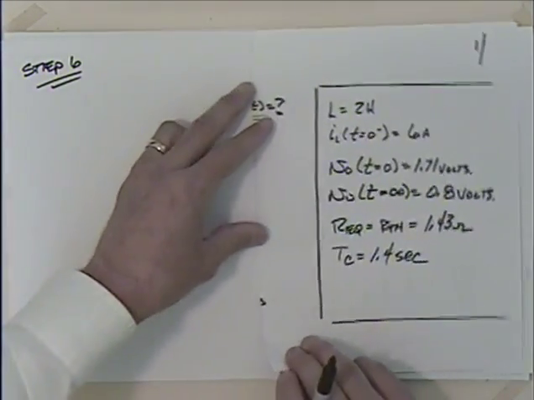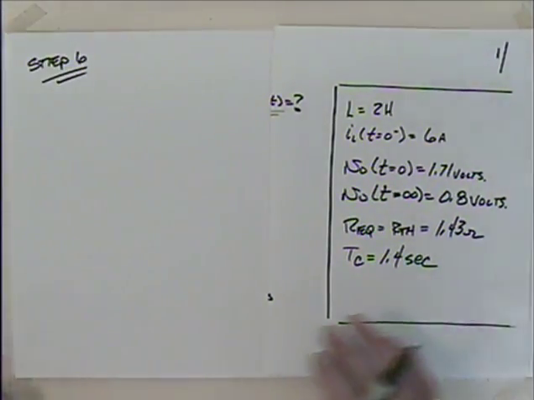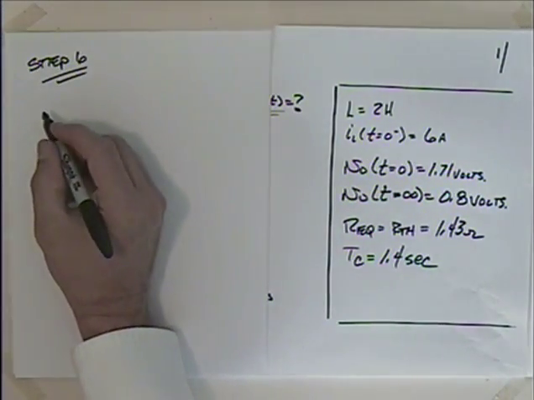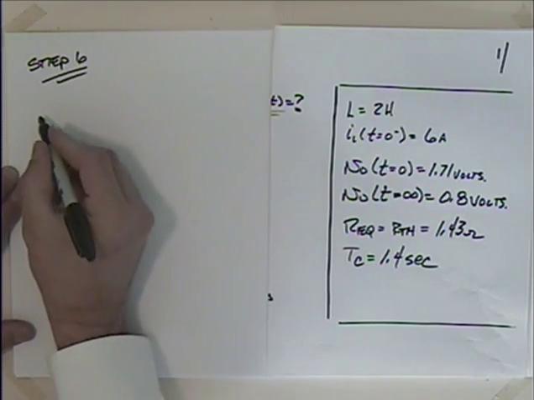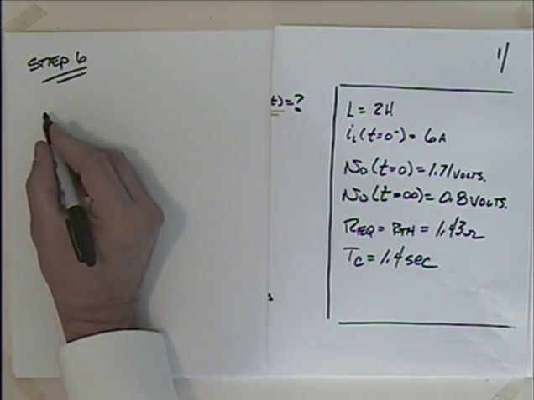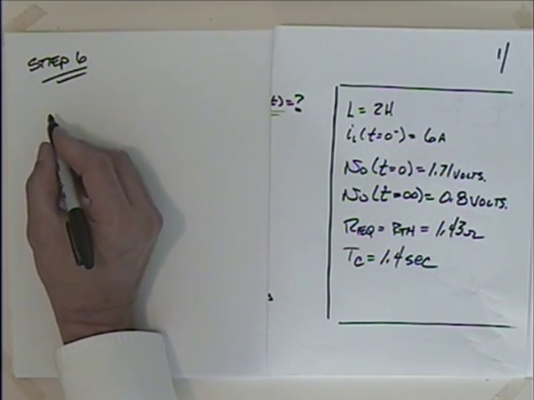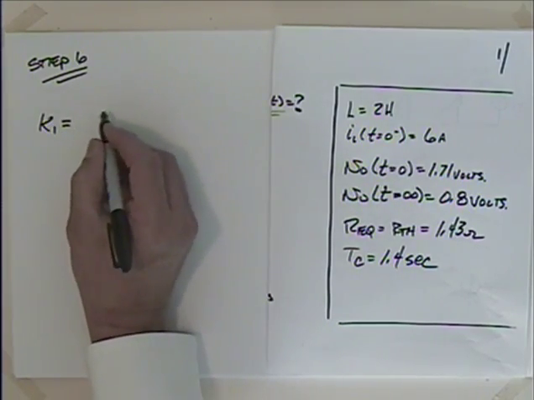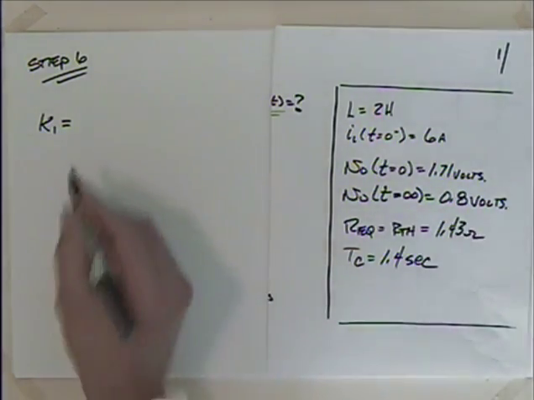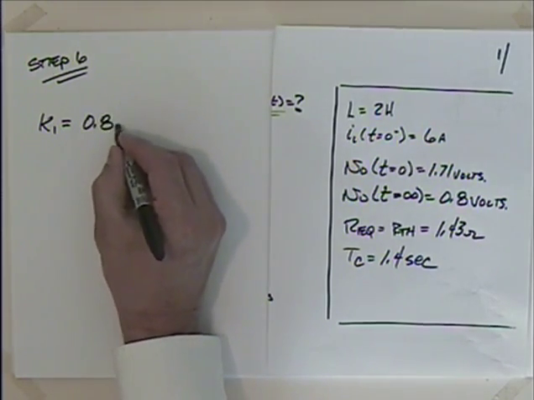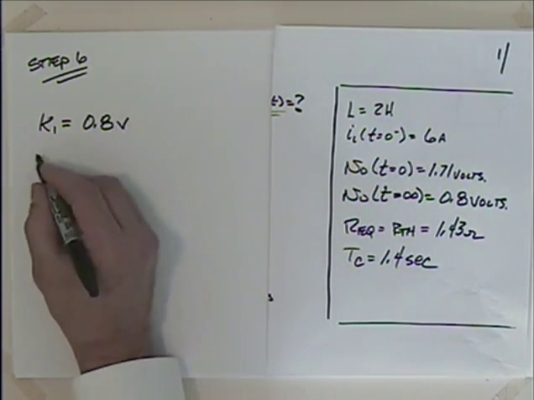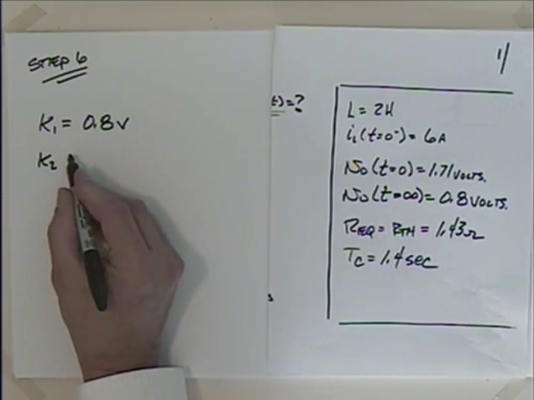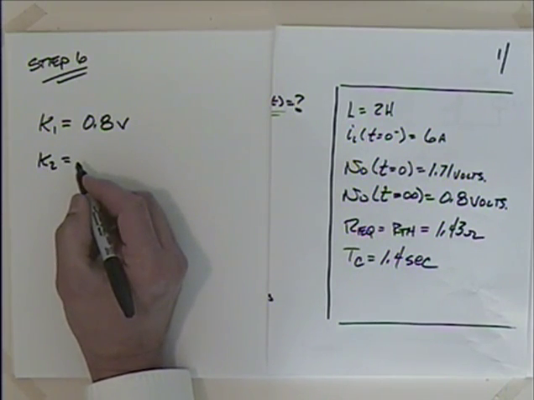So I can come back to my scorecard here, and we're trying to find the voltage. So I know that K1 is going to be equal to what? This 0.8 volts, 0.8 volts. And then K2 is going to be equal to what?